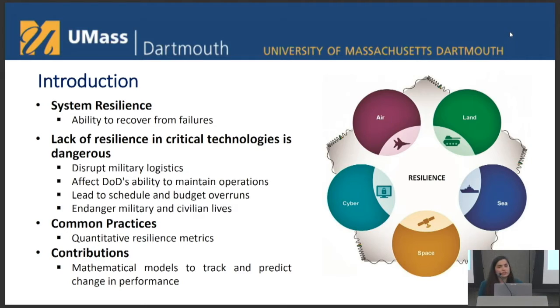But those metrics, usually it's done after disruptions happen. So it's not very useful, I would say, because sometimes some systems don't have a second chance. So we should be able to track right now what is happening and measure the performance of that system. So for that case, in my PhD, I'm trying to develop some mathematical models that can track and predict performance of systems in future.